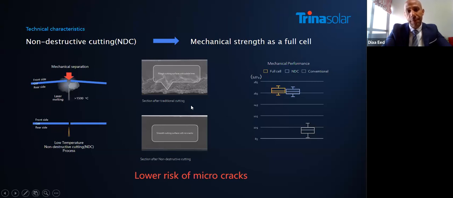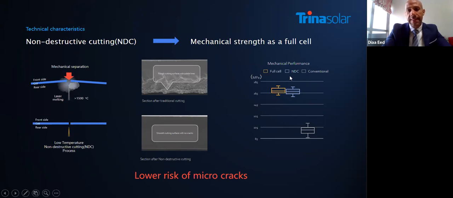So from the mechanical performance of the cell itself, we are concerned about the micro cracks. The yellow one is the full cell. The light blue one is the one cut with the NDC, and the conventional one, the traditional cut I was talking about with the laser melting, is here.